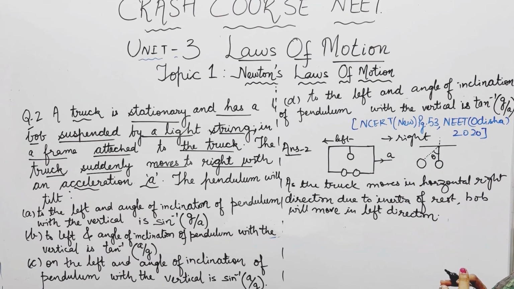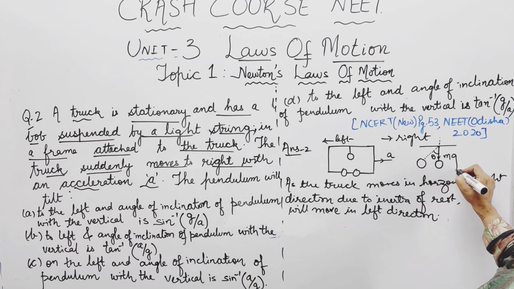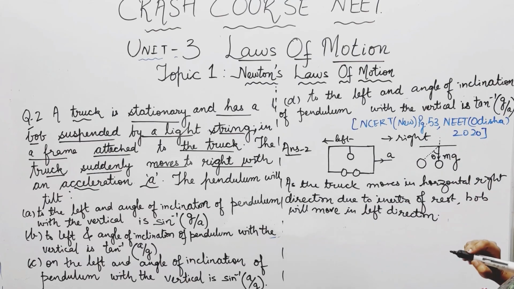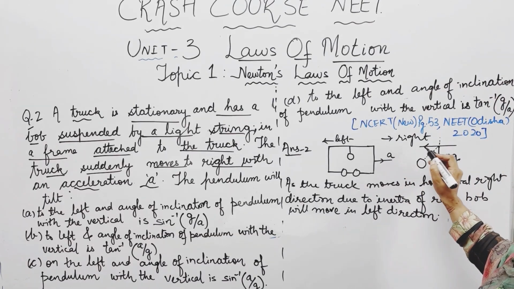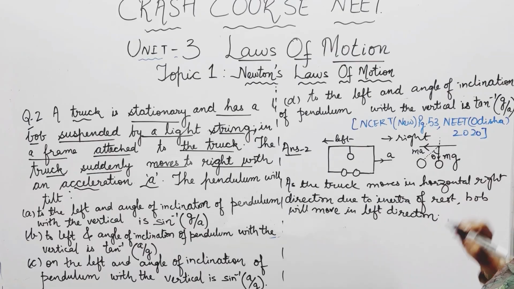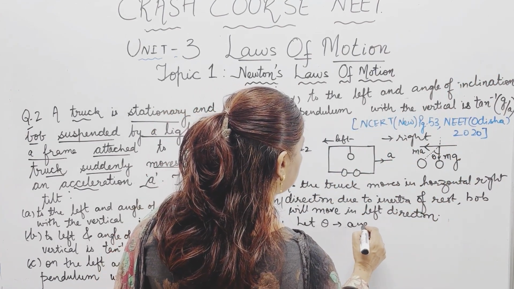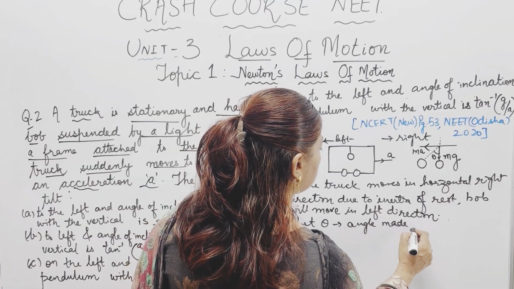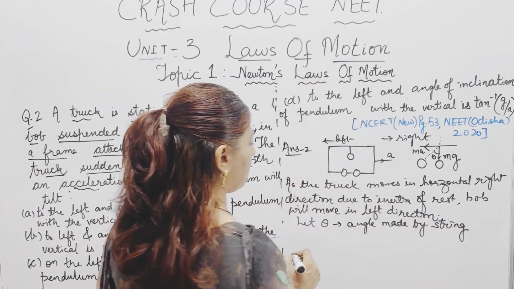If we look at the mass of this bob, when it is stationary, it is mg, and with the acceleration in the right direction, the bob will move in the left direction with the equal force, mass into acceleration. If we look at this diagram, let theta be the angle made by the string while moving.